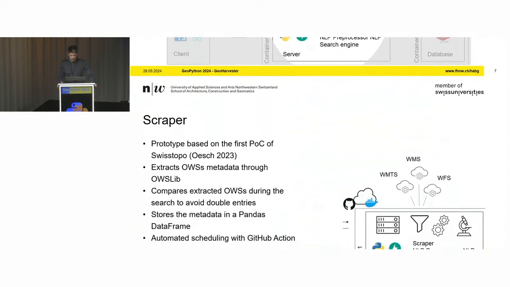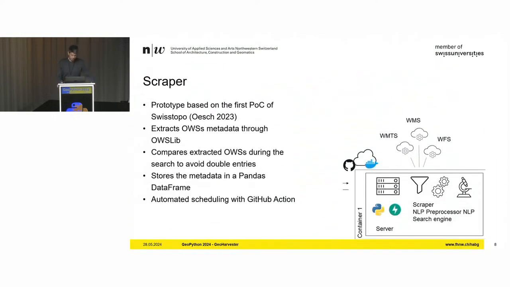It's based on a proof of concept from Swiss Topo, and it exploits OWSLib, which is a library for this kind of services, where you can exploit the GetCapabilities request to collect the metadata, and then retrieve all the metadata that you need, so the kind of service, the layers that it contains, and so on.